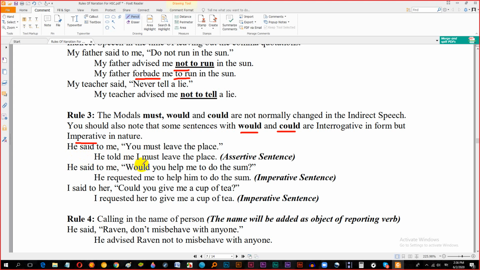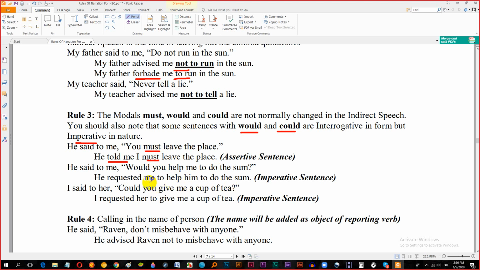He said to me, "You must leave the place." So he told me I must leave the place. Now see here we don't find any would or could in imperative form. So that's why we did not change must. Then he requested me to help him to do the sum.